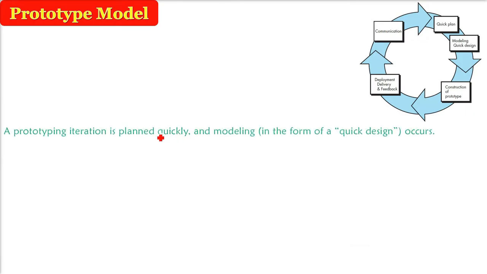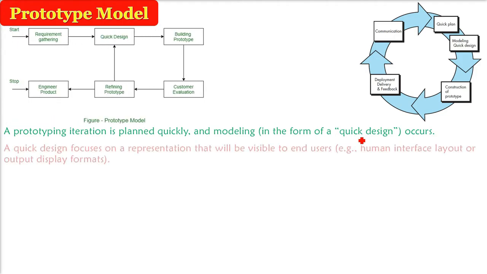So prototyping iteration is basically a quick version to be put in front of the user. For that you make a quick design as a software engineer. So here that quick design or quick prototype or quick version of the software is visible to the end user. For example, 1 year is given to you to make a software.